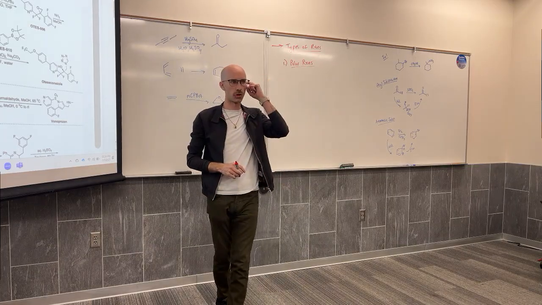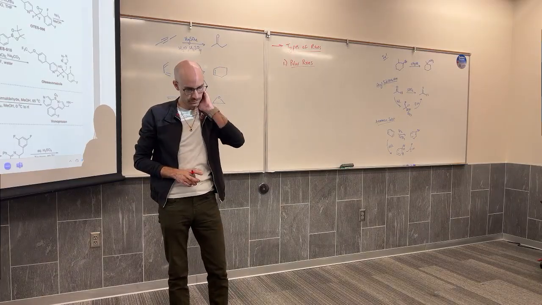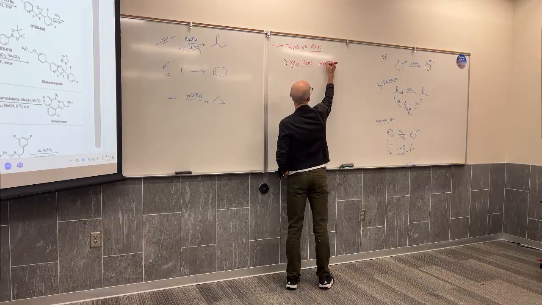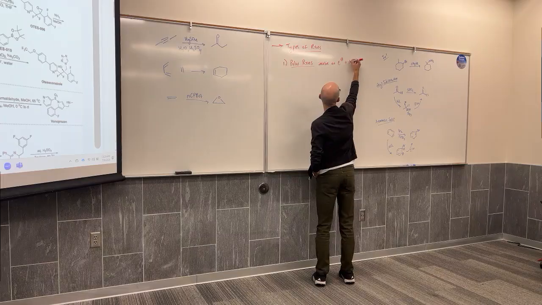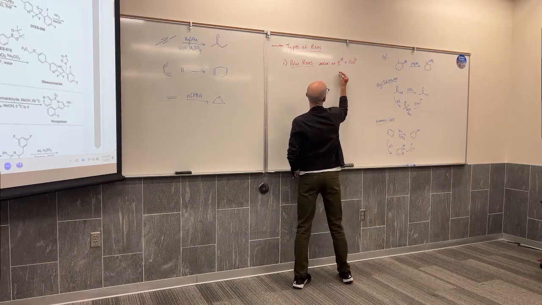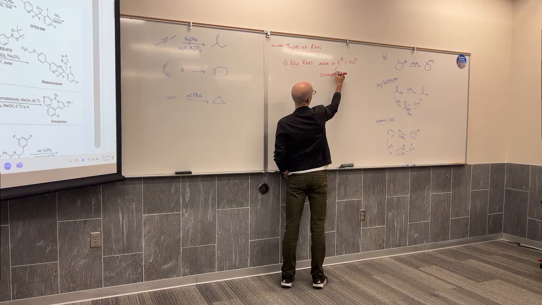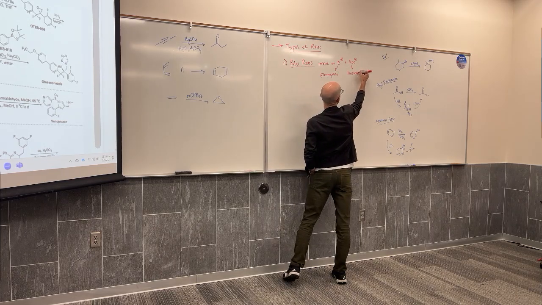First, we have polar reactions. Polar reactions typically involve an electrophile and a nucleophile. I'll spell them out for you, but this is how I will abbreviate them throughout the semester.